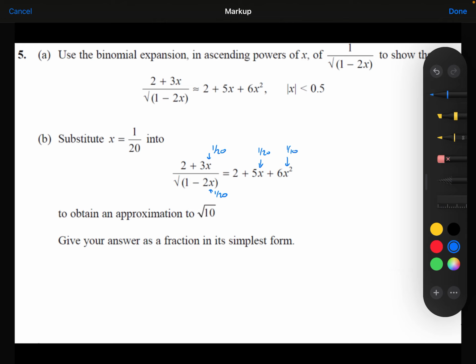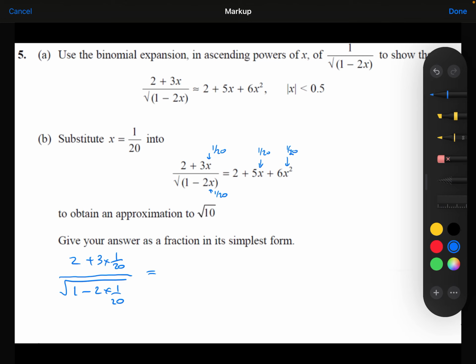So first, let's focus on the left-hand side. Let's do 2 plus 3 times 1 over 20. Oh, 1 over 20, I think I was saying 1 over 10 before. 3 times 1 over 20, add the 2, over the square root of 1 minus 2 times 1 over 20.